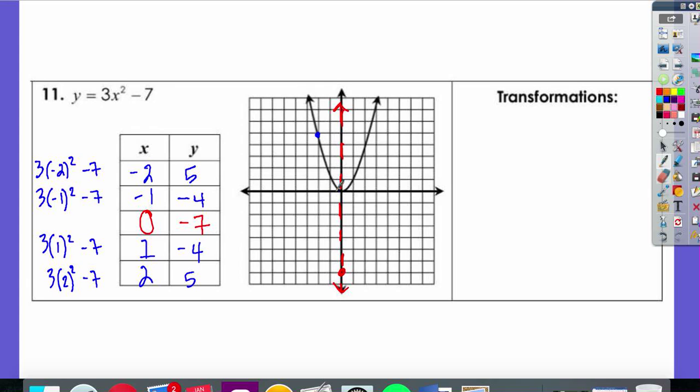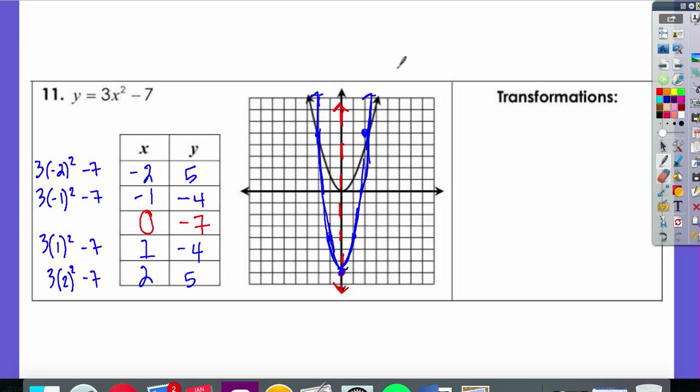Then we've got negative 1, negative 4. 1, 2, 3, 4. Then we've got 0, negative 7. Then we've got 1, negative 4. And we've got 2, 5. So this thing is like really skinny. Do our best to make it look curved. Come back up, put your arrows on the ends.